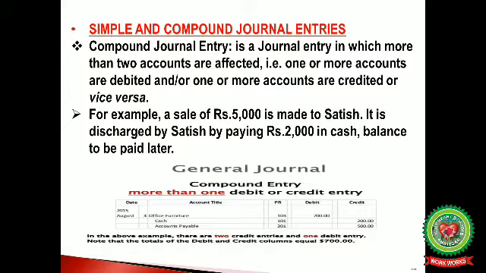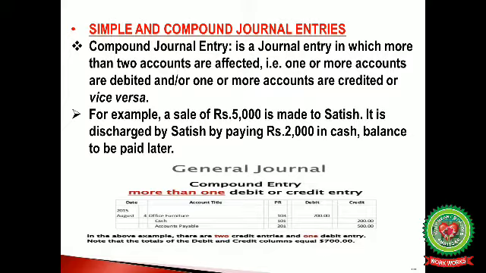Now, a compound journal entry is an entry in which there is more than one debit or more than one credit entry. So, in this example, there are two credit entries and one debit entry. Now, note that the totals of the debit and credit columns must be equal, 700 here, because we have to take the total of credit, and every transaction, whether it be a simple journal entry or a compound journal entry, your debit should always be equal to your credit.